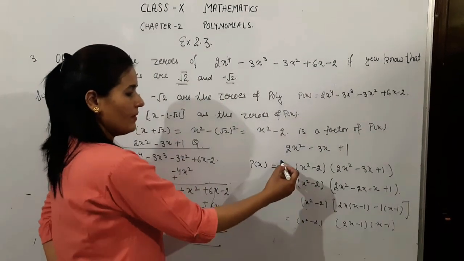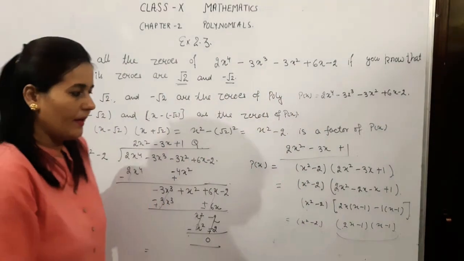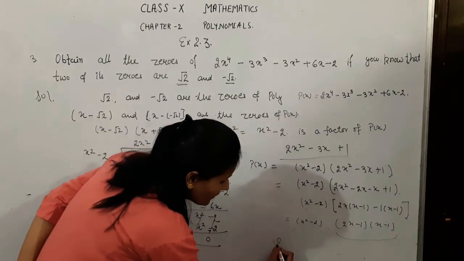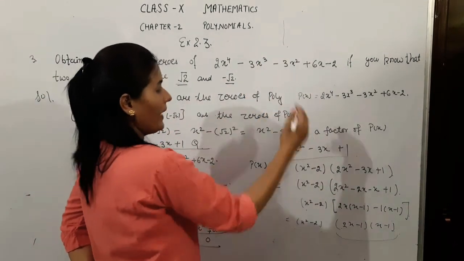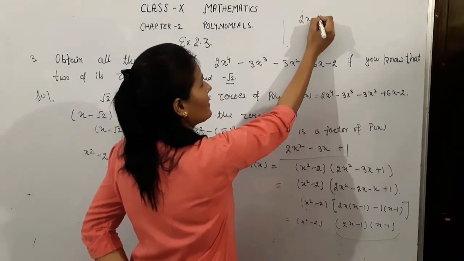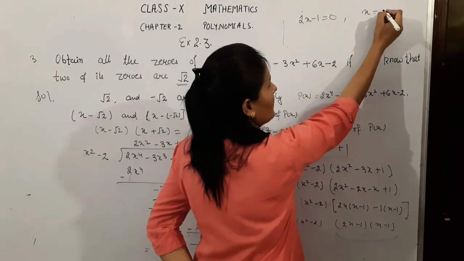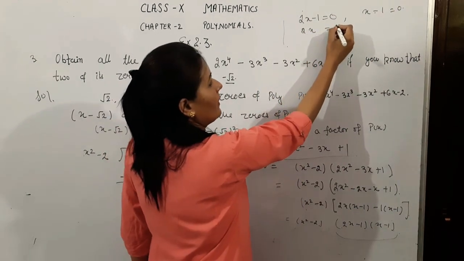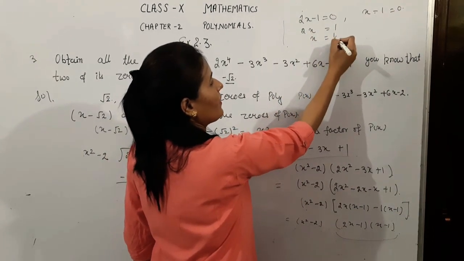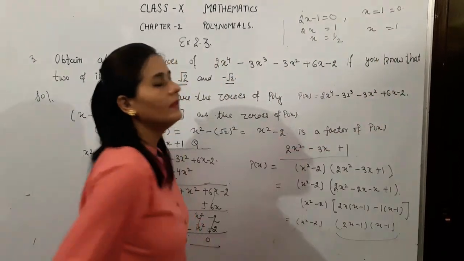So from this quotient polynomial we are getting these two factors. And you have to write 2x minus 1 equals to 0 and x minus 1 equals to 0 to get the remaining zeros of the polynomial. Clear?